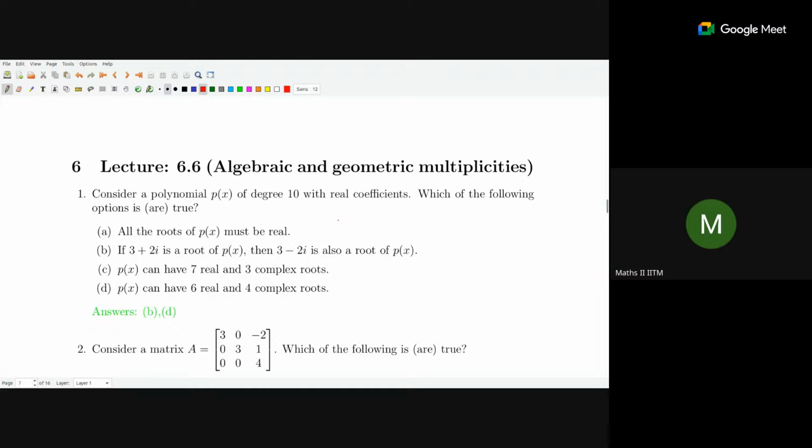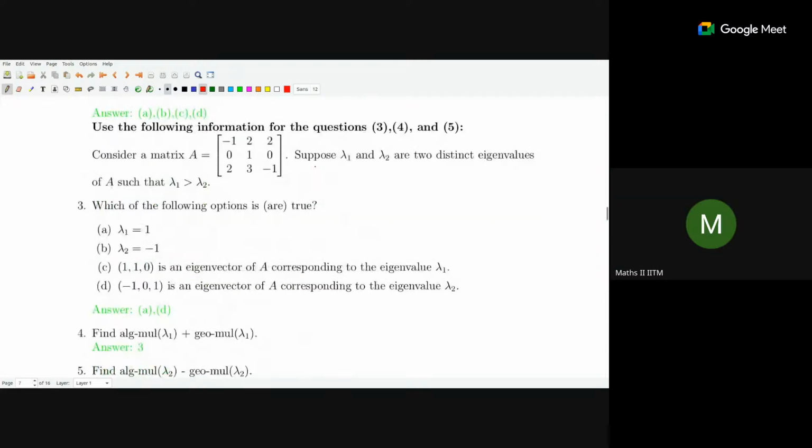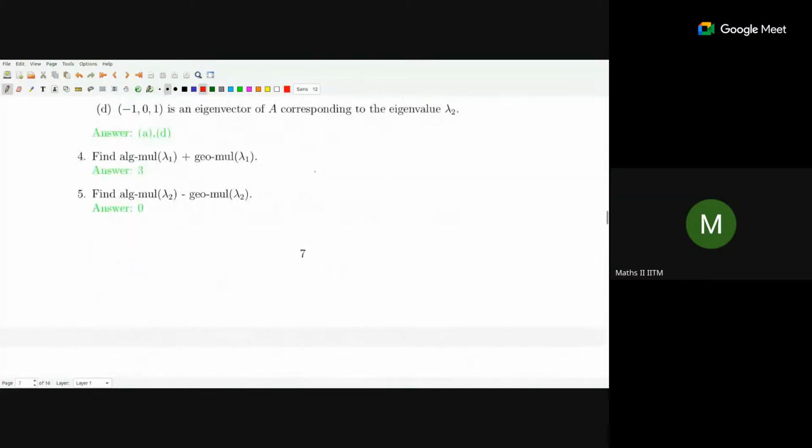Geometric multiplicity is the dimension of the null space corresponding to that eigenvalue. These are the same things we learned previously, just in higher dimensions. That's 6.6.